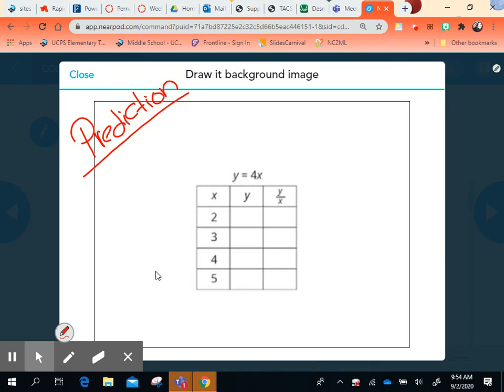Write it on your screen and then solve for your y and your unit rate. Same thing for those of you at home. Make a prediction. Do you think it'll be proportional or not proportional? And then solve your table.